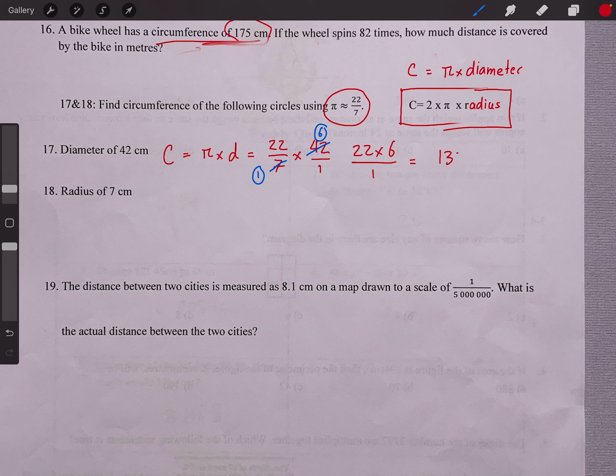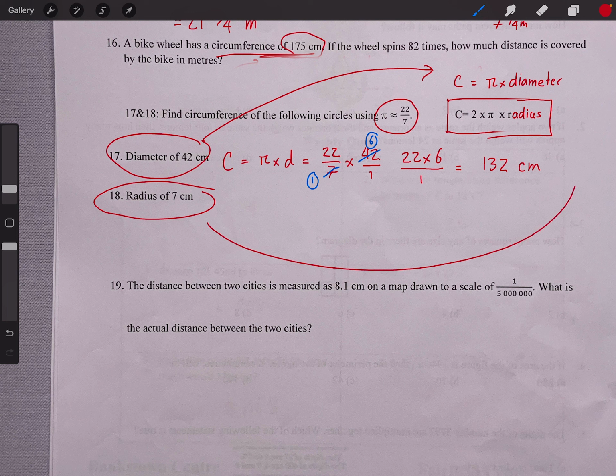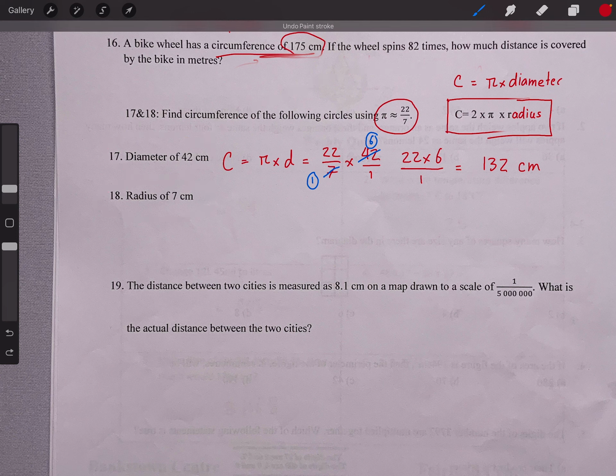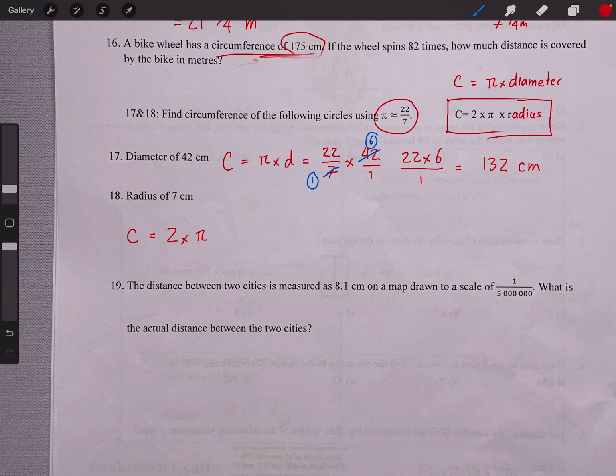Now it has a radius of 7. So if we're given diameter, we use this formula because it has diameter in it. If you want to use radius, then we use this formula here because it has the radius in it. Okay. So circumference is equal to 2 times pi times radius, which equals 2 times 22/7 times the radius, which is 7.